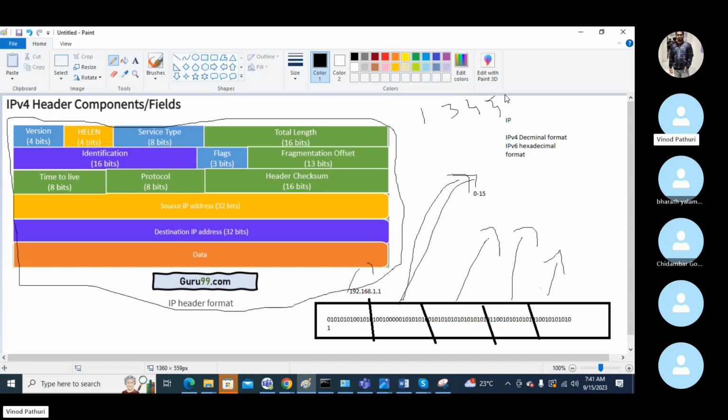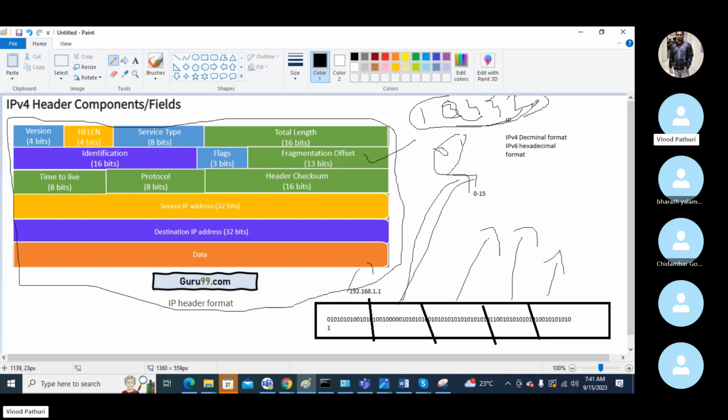In order to rearrange them, we have this offset, and whatever it is, we represent it in zeros and ones only, right? So by using this fragment offset, we will rearrange the packets in their original places. Like 2 should be here, and 3 should be here, and 4 should be here, 5 should be there at the last. So that's how, in order to arrange the packets, it will use the fragment offset.